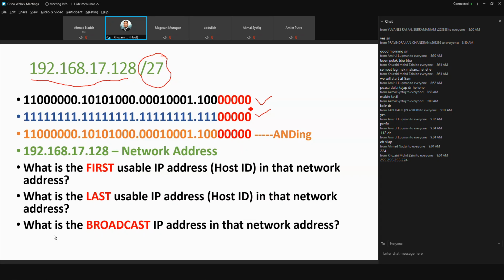Once you get that, you do the AND operation between the IP here and the subnet mask, and you will get this one, the orange color.